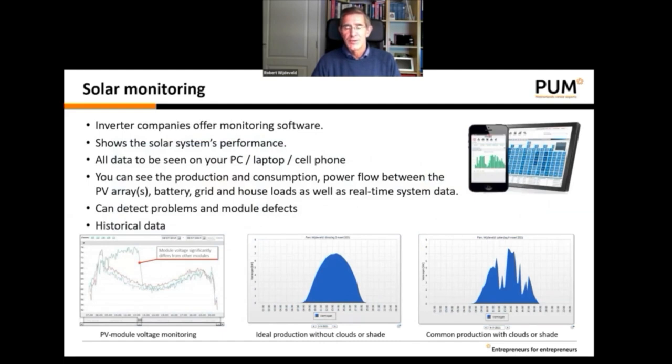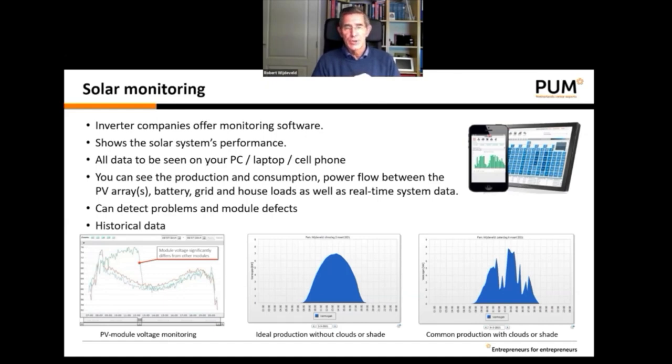You have to register your solar system, and you get a connection to the website from the inverter company, and you have, of course, to connect your inverter to the internet. And everything that happens in the inverter will be transferred to the website from the inverter company, and there you can see what's happening with your solar system.